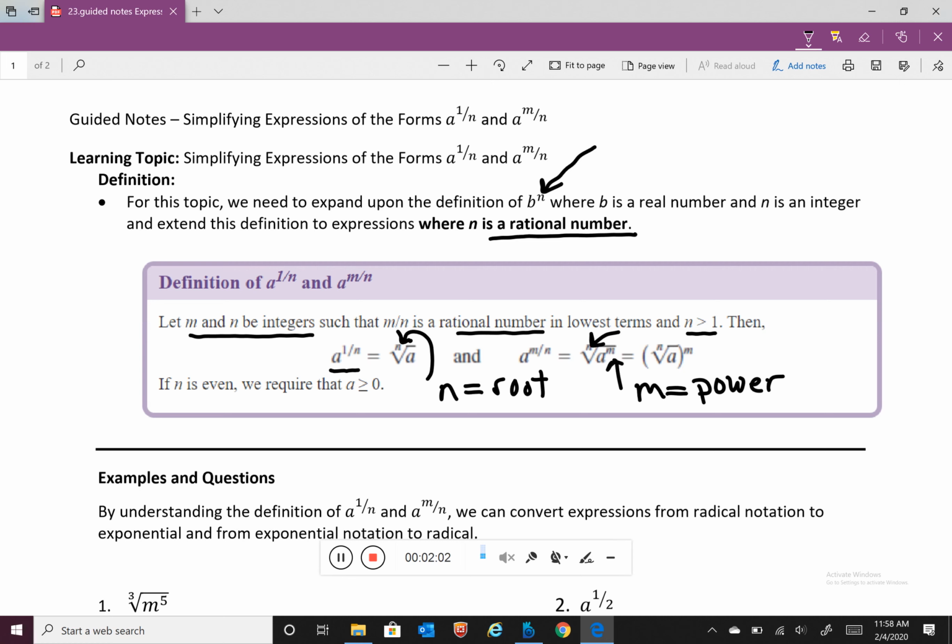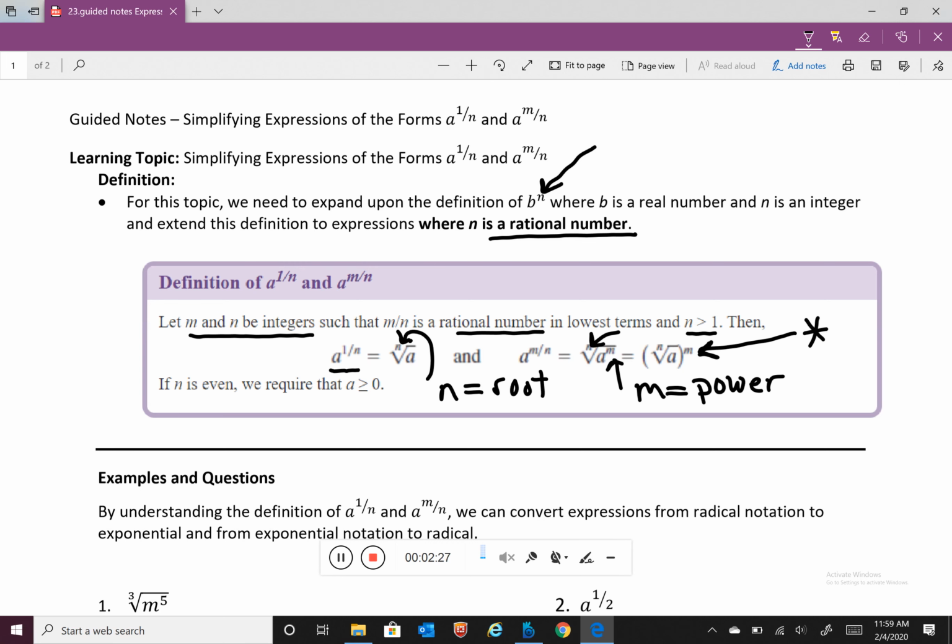We can either write it so that m is the power of a underneath the radical, or you can choose to write the power of m outside your radical. And this is going to be very important in terms of using this definition throughout our time on this video.